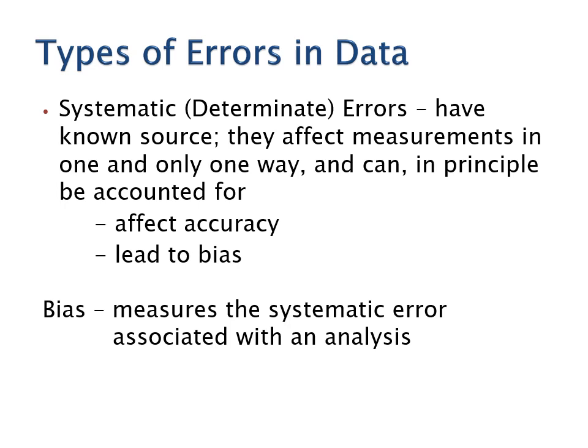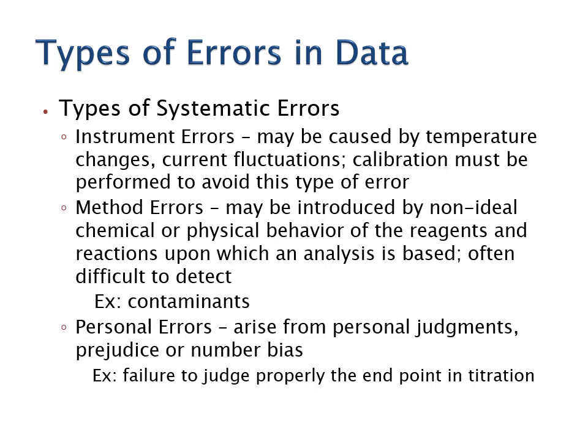So ang mangyayari is yung measurement mo is hindi na accurate. So as you can see here, systematic errors affect the accuracy and it leads to bias. So what is bias? Bias measures the systematic errors associated with an analysis.